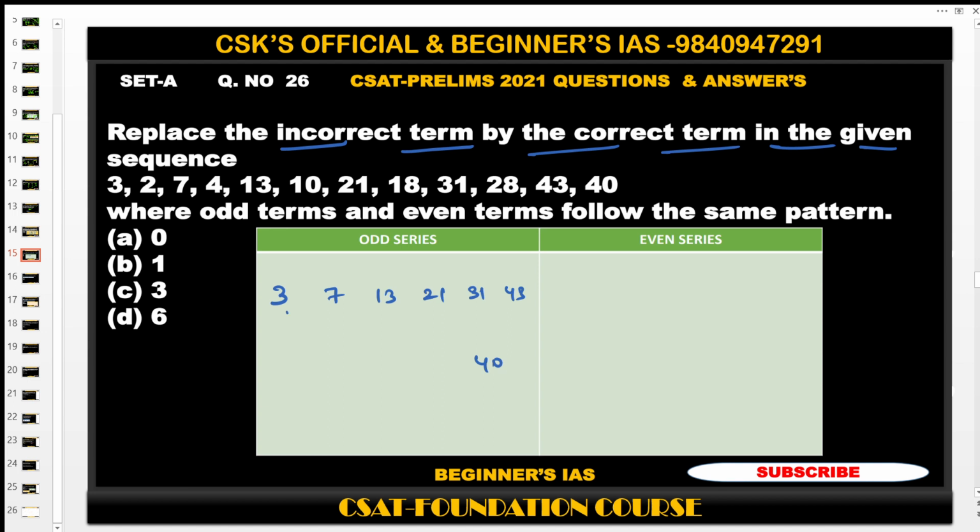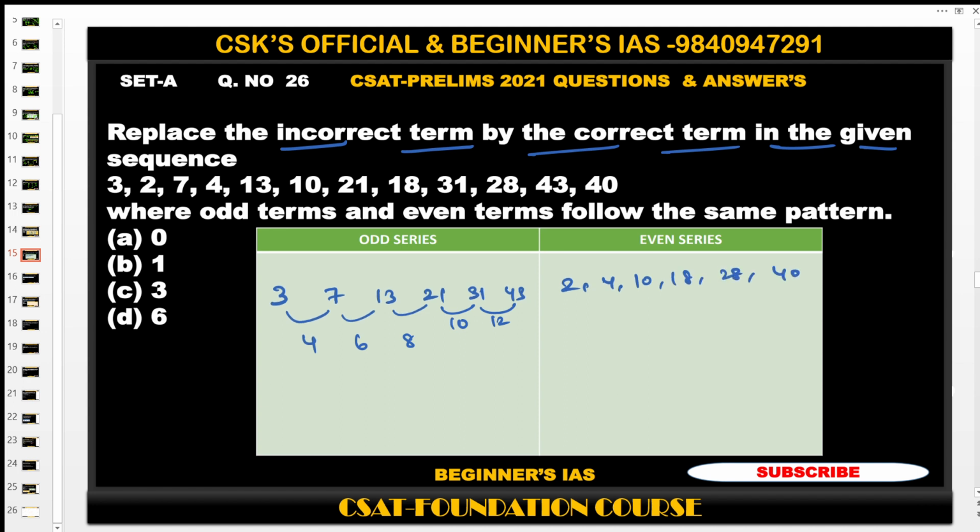The difference here is 4, 6, 8, 10, 12. Clear? Now 40 is not here. Next one: 2, 4, 10, 18, 28, then 40.